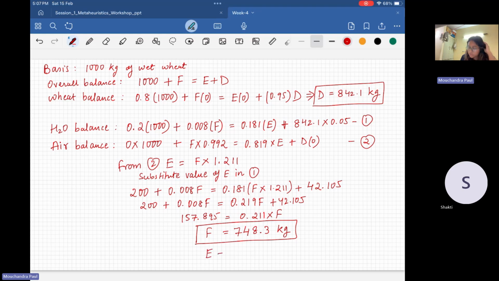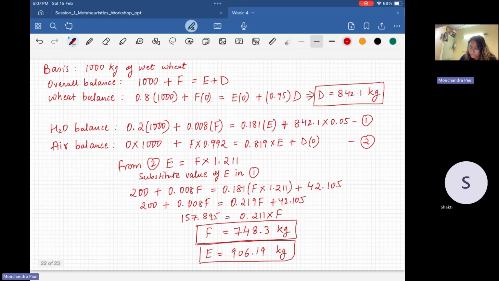So E, exit air, will then be 906.19. Okay, so we did this part, and we still have to calculate the value of R.